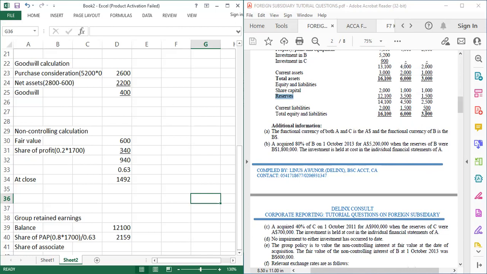What is their reserve now? 1,500. So what will be the difference? What will be the profit made from the time that the parent bought them? 800.